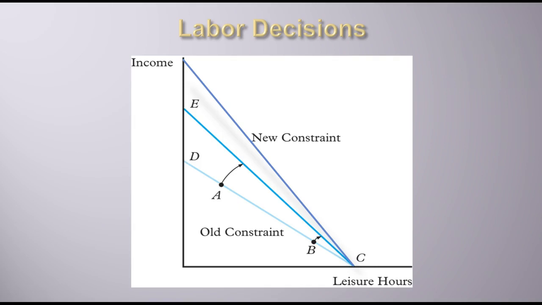For example, if you're at point A currently, chances are the income effect is going to dominate because you're already working a lot of hours. So you may have a higher income effect.